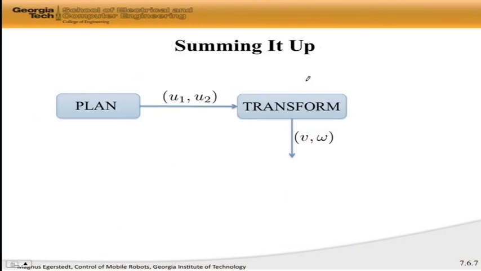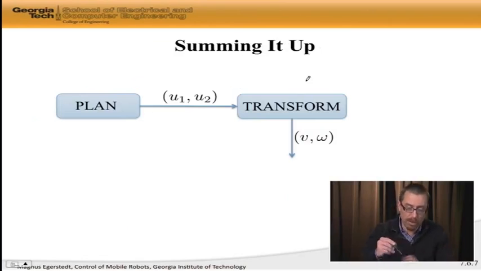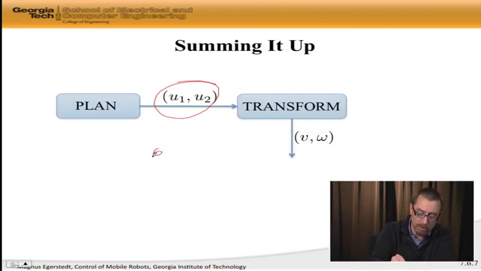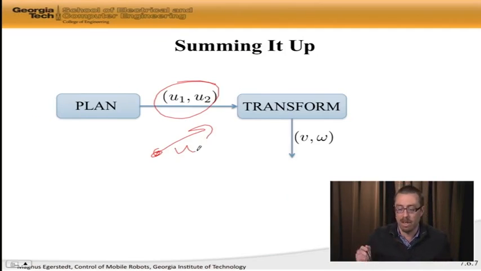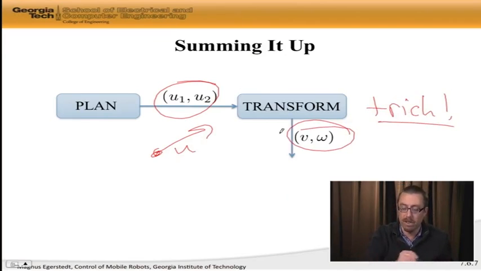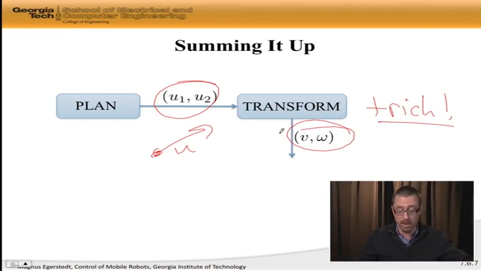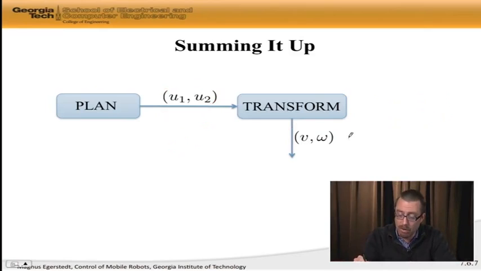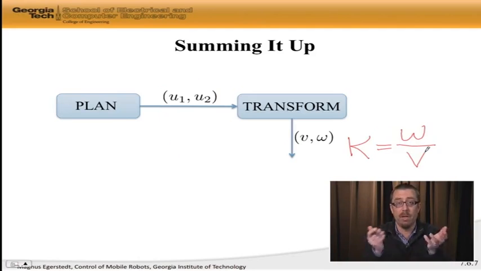So the moral of the story is this. We're planning, and we're getting some direction we want to move in. Well, we know the clever trick, right? The trick gives us V and omega, which are the speeds and angular velocities we would like. We now also know that the curvature is omega over V. So if you give me V and omega, I can tell you what the curvature is going to look like.